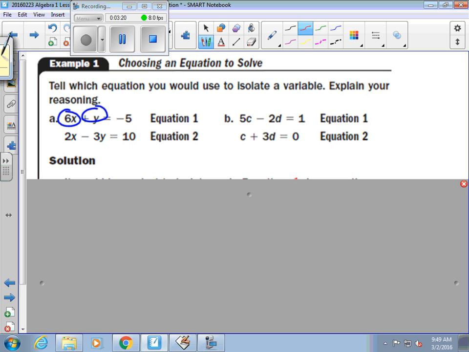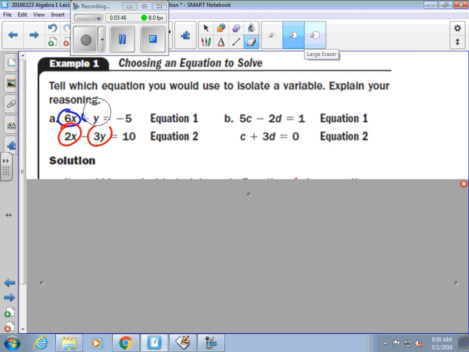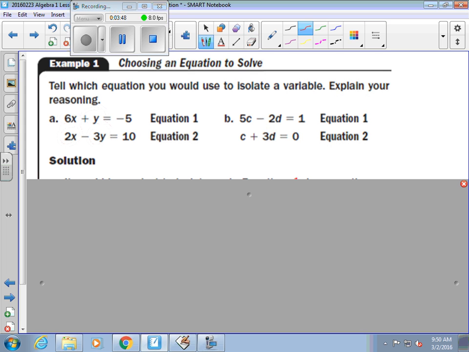Or for 2x and 3y, we could move 3y over and then divide by 2, or move 2x over and then divide by 3. Out of all four of those scenarios, the only one that is shorter is to simply move 6x over for the first equation, because there is no coefficient in front of y. You don't need to do any division to get y by itself.